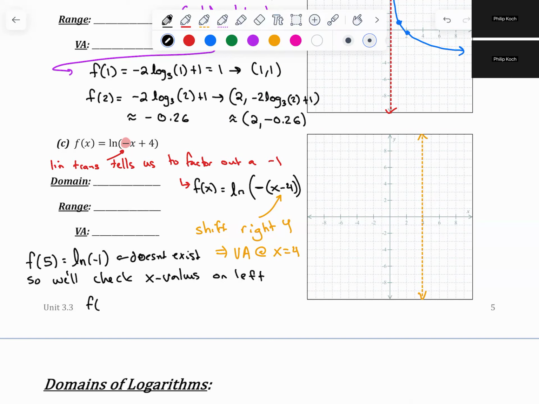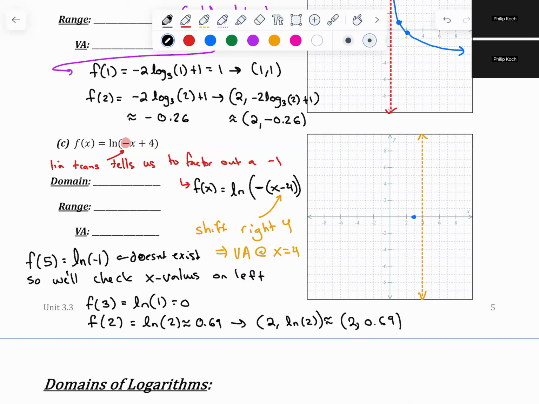F of 3 is natural log of 1, which is 0. So we have the point 3 comma 0. And then we'll do f of 2, which would be natural log of 2, which is approximately 0.69. So we have the point 2 comma natural log of 2, which is approximately 2 comma 0.69.